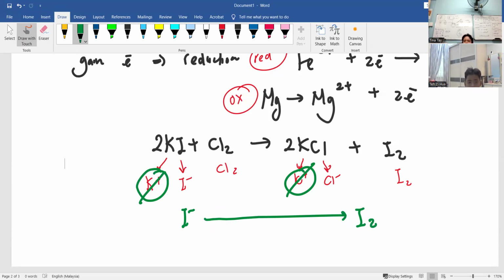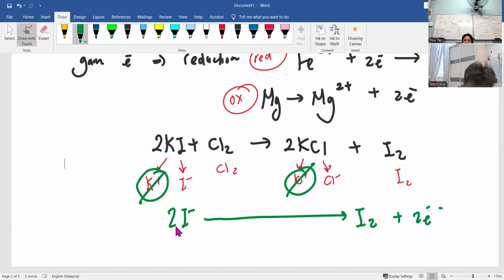If this was iodide ion in electrolysis, how would you complete this? 2I negative becomes I2 plus 2e minus.